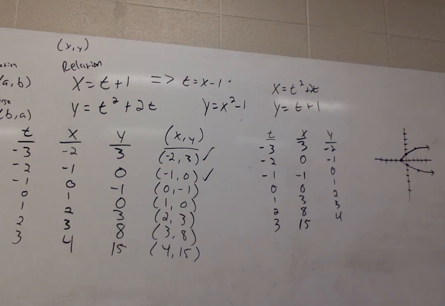Now the problem with that is this graph doesn't pass the vertical line test, and because it doesn't pass the vertical line test for this, our inverse relation cannot be a function.